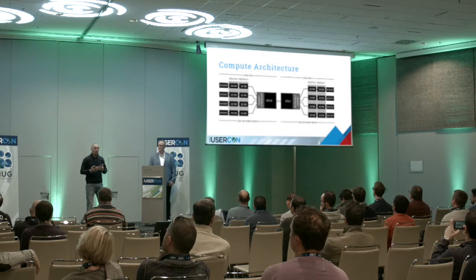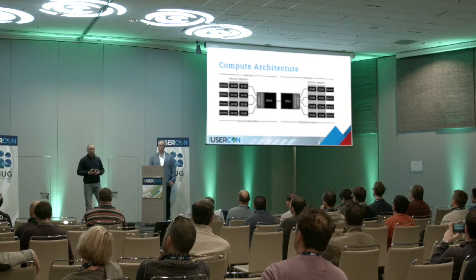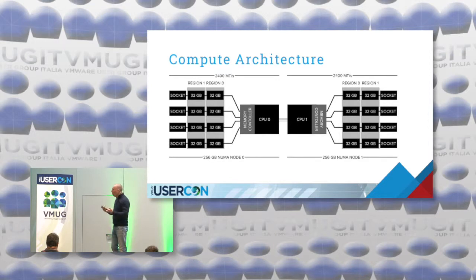In that CPU package, that package contains a lot of cores. In this whole presentation, I use the example of 10 cores per CPU. So that means CPU 0 has 10 cores, CPU 1 has 10 cores. Now, each of these CPU packages has a memory controller integrated. That means that the memory is directly attached to the CPU itself.